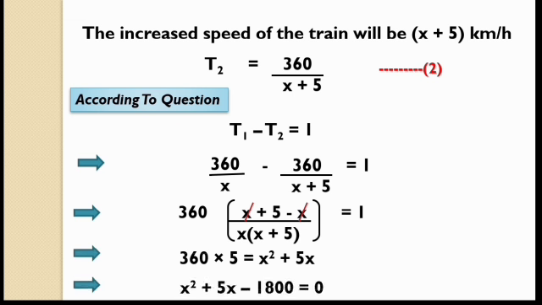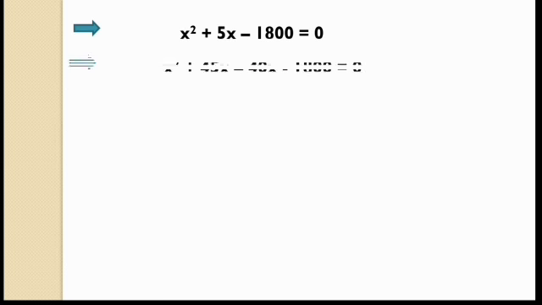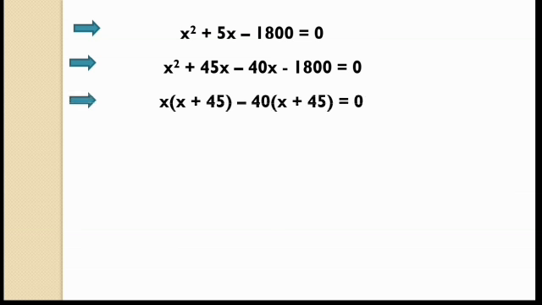So x square plus 5x minus 1800 equals 0. Now we will factorize this quadratic equation again using the middle term splitting method, and we will get x square plus 45x minus 40x minus 1800 equals 0. Then we will take common x into x plus 45 minus 40 within bracket x plus 45 equals 0. So x plus 45 into x minus 40 equals 0.